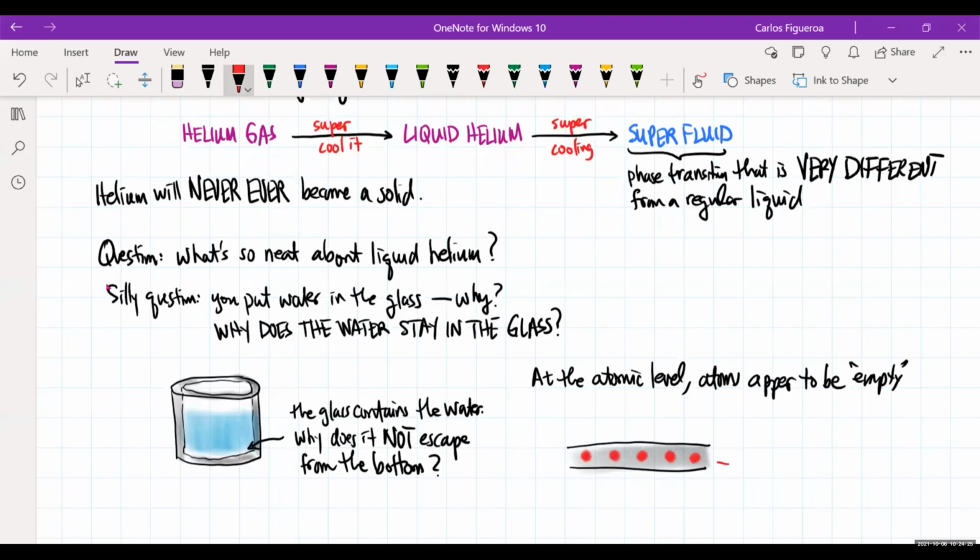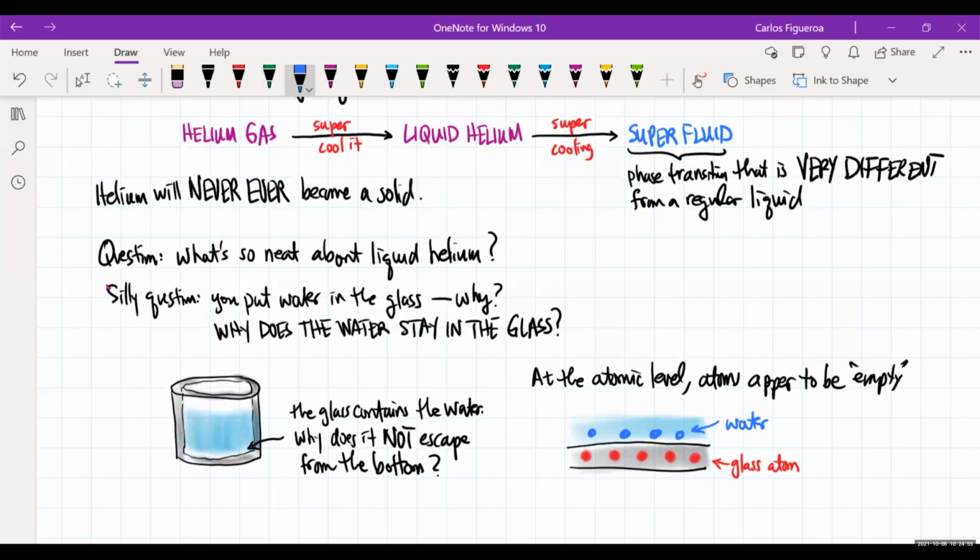So these guys here will be the glass atoms. But at the same time, I also have water molecules. When I look at water molecules, these guys are effectively devoid of matter. Doesn't mean that there's nothing there. And then these are water molecules.